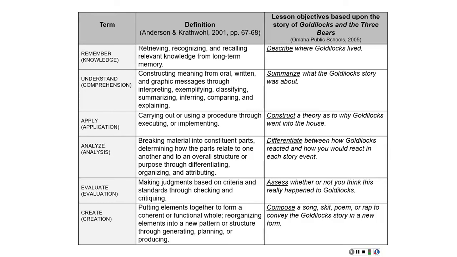And then here's a great example of looking at how we progress through the different levels of thinking based upon the story of Goldilocks and the Three Bears. After reading the story, a teacher would have students remember the story by describing where Goldilocks lived. They would then demonstrate comprehension by summarizing what the Goldilocks story was about.